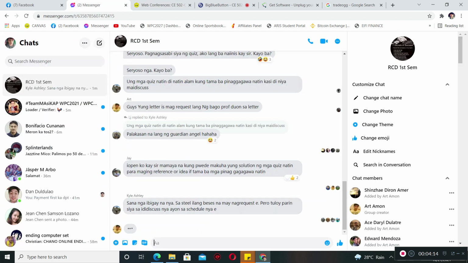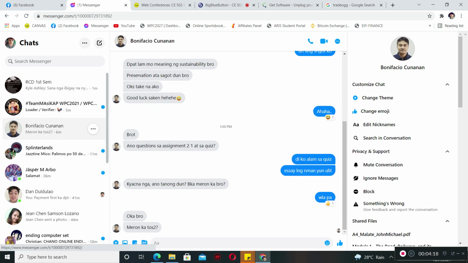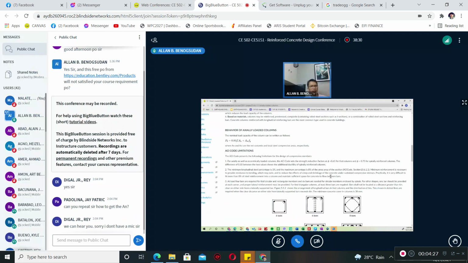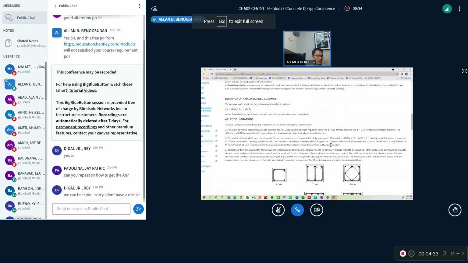Minimum reinforcement is necessary to provide resistance to bending, which may exist because of the presence of uneven load distribution at the ends of the building.